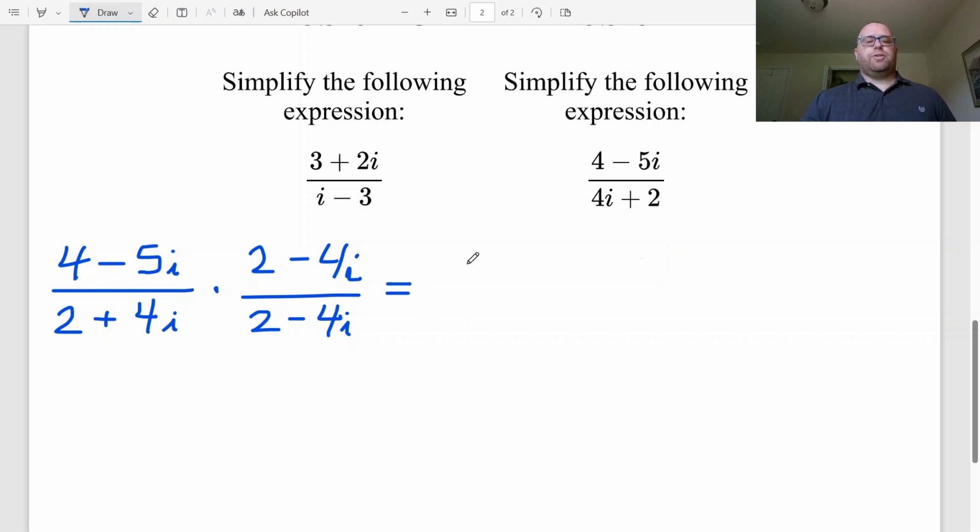Okay, so we're going to do 4 times 2, which is 8. Then 4 times minus 4i, which is minus 16i. Then we'll do minus 5i times 2, which is negative 10i.